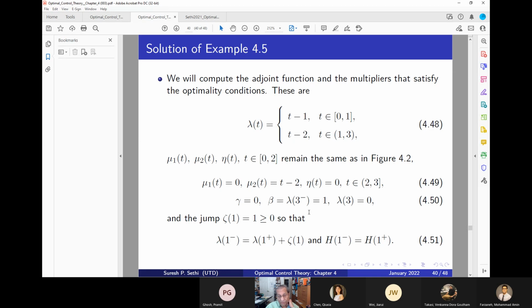Notice now that there is a jump at lambda 3. To apply the maximum principle, you will see that there is a jump exactly at 3.